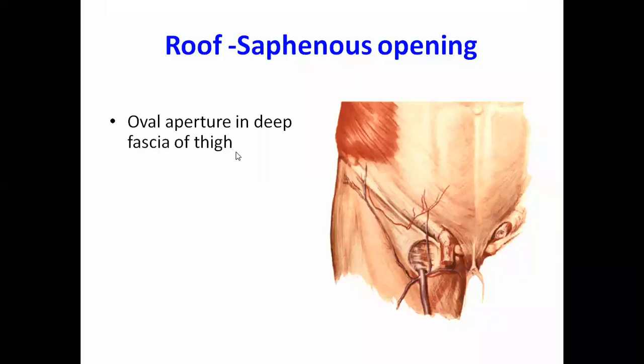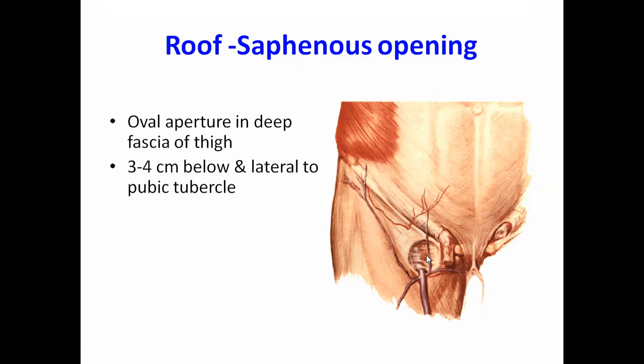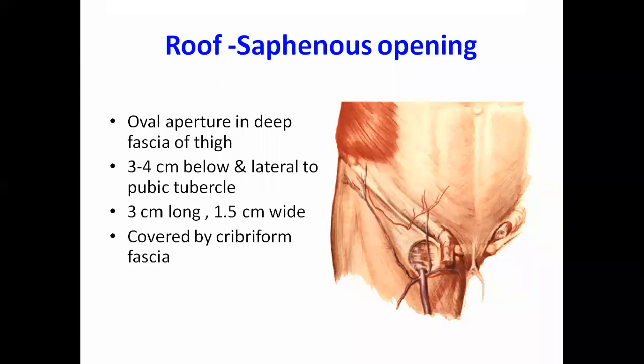It's an oval aperture in the deep fascia of the thigh, 3 to 4 centimeter below and lateral to pubic tubercle. So the location is 3 to 4 centimeter below and lateral to pubic tubercle. And the dimensions are 3 centimeter long, 1.5 centimeter wide. And usually it is covered with cribriform fascia.